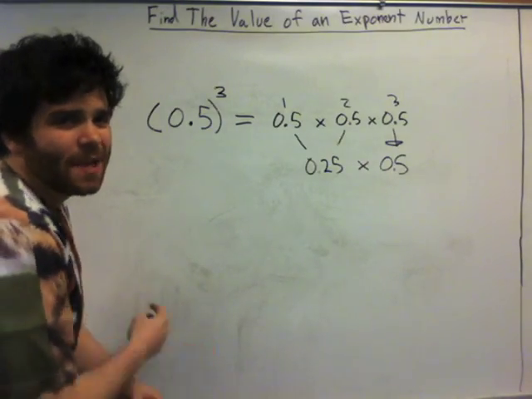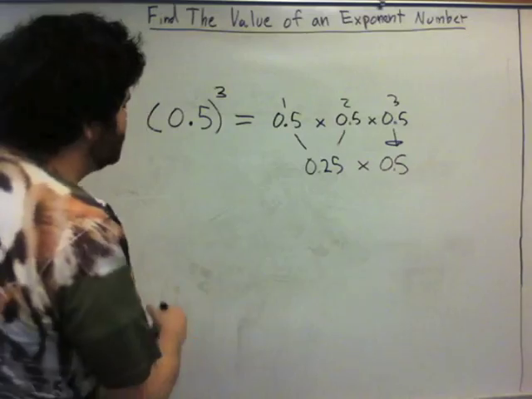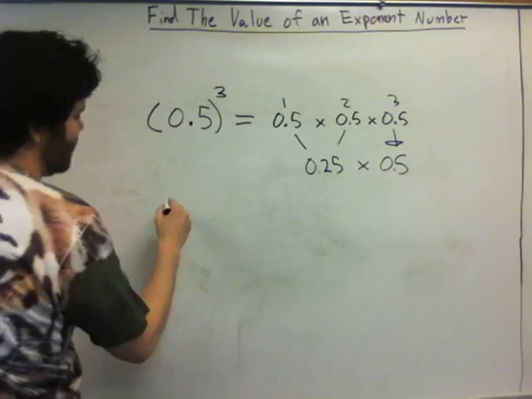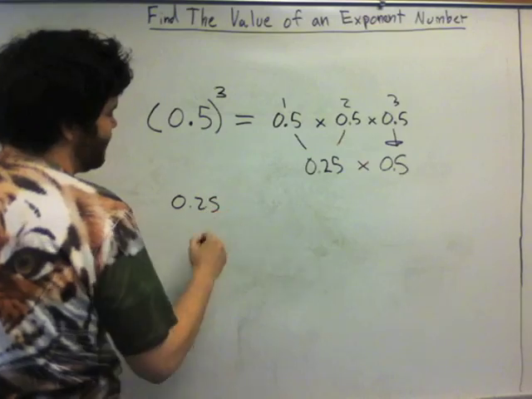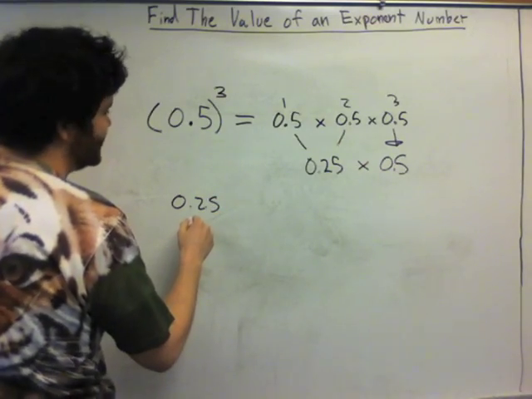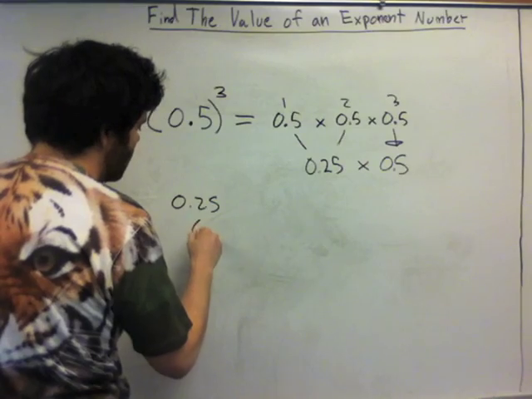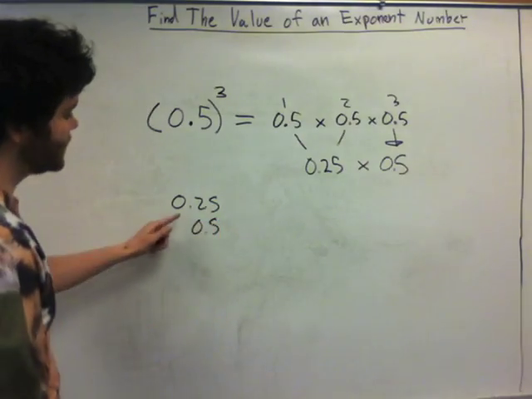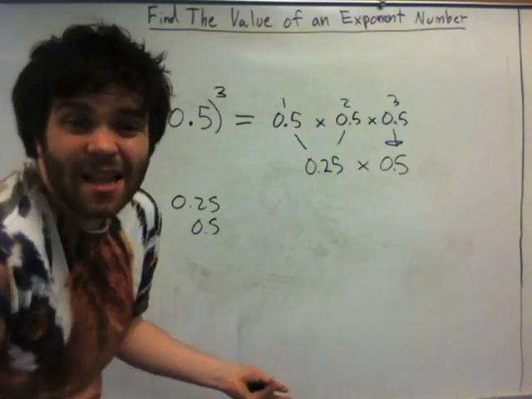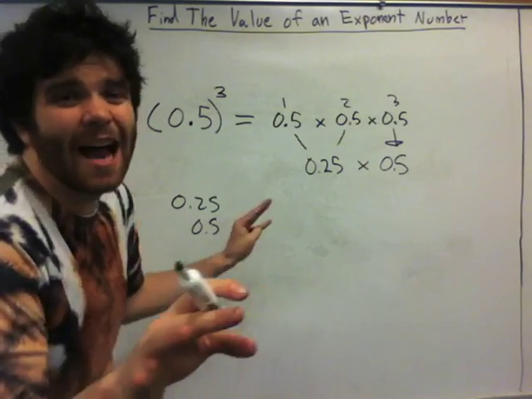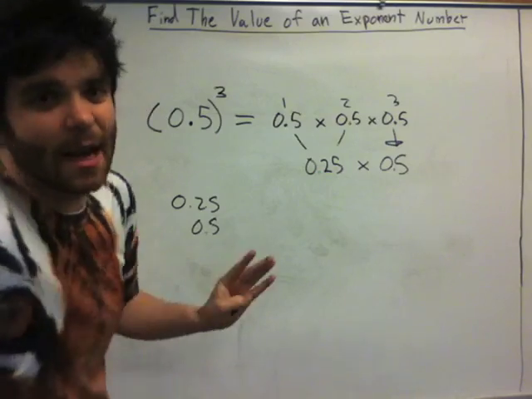When you're doing decimal multiplication, you just write the decimals however they come. So notice how these decimals are not lined up. You don't need to line them up. It does not matter.